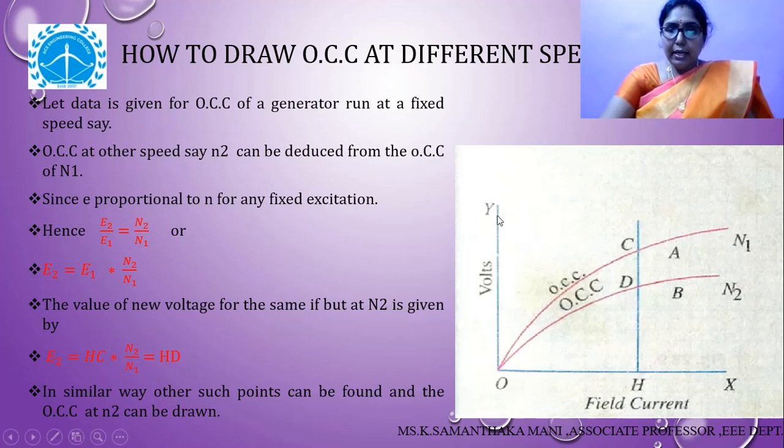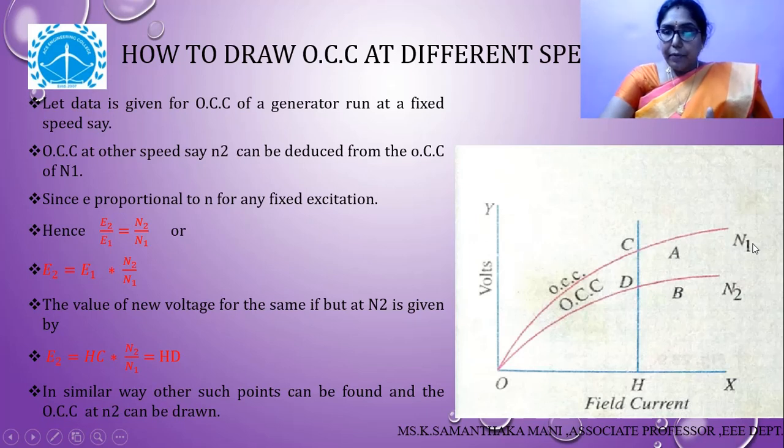Let me start this explanation. I considered one graph here, with field current on the x-axis and volts on the y-axis. I considered one speed N1 and drew one OCC, the open circuit characteristic. Now they have given the second speed, but we need to draw the OCC from the existing data.